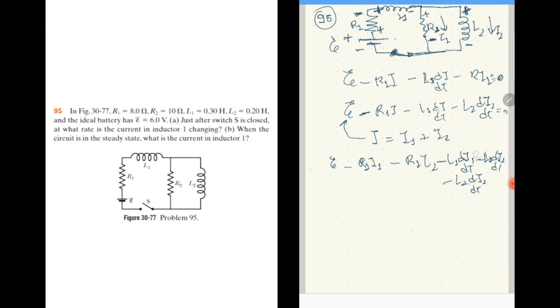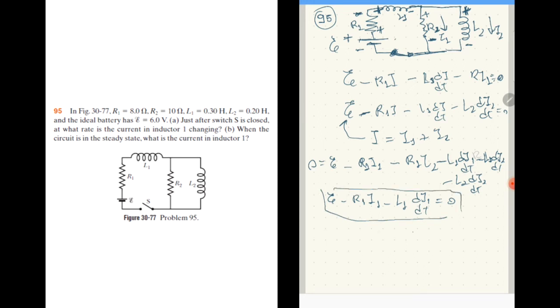All of this equals 0. Put 0 right here. One thing we can do to make this whole equation 0 is to put this first term equal to 0, and I will explain why we do that. And the rest of the terms are also 0. This is the equation that we will use.